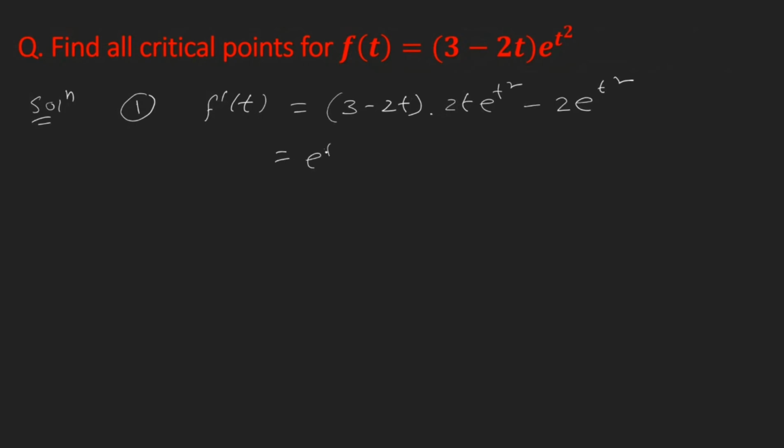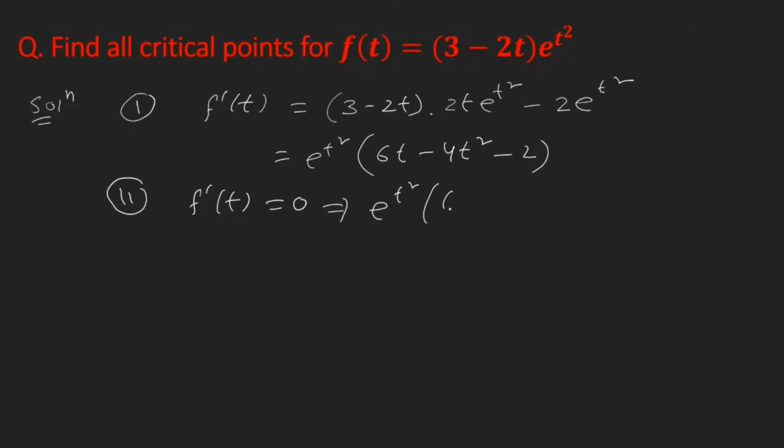So this is equal to e to the power t square times (6t minus 4t square minus 2).